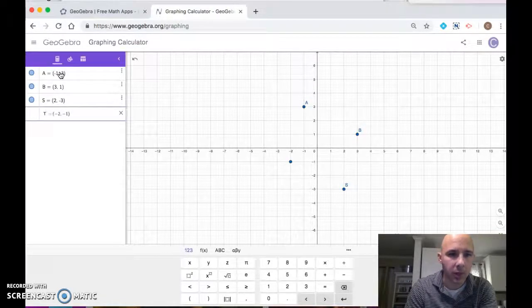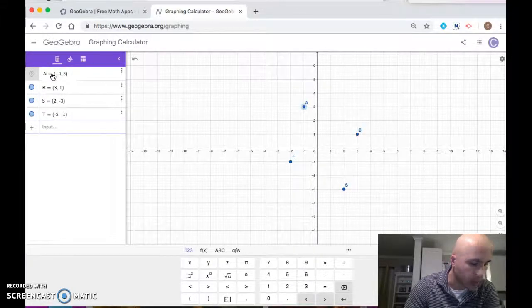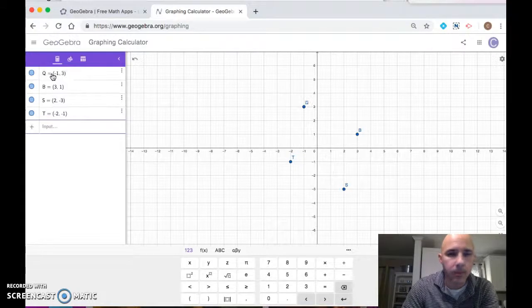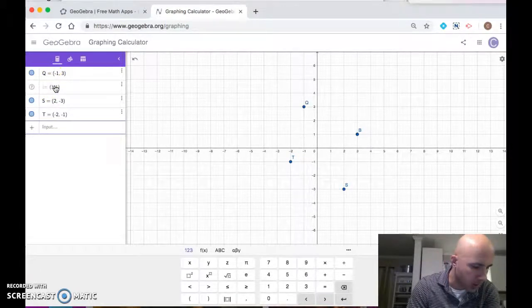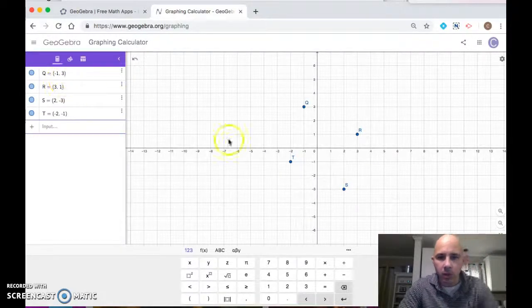I'm going to go back up to my first couple points and change the name of that, make it Q. I'm just looking at my notes. I'll change the name of this one as well and make that R. Okay, so I got all 4 of those points.